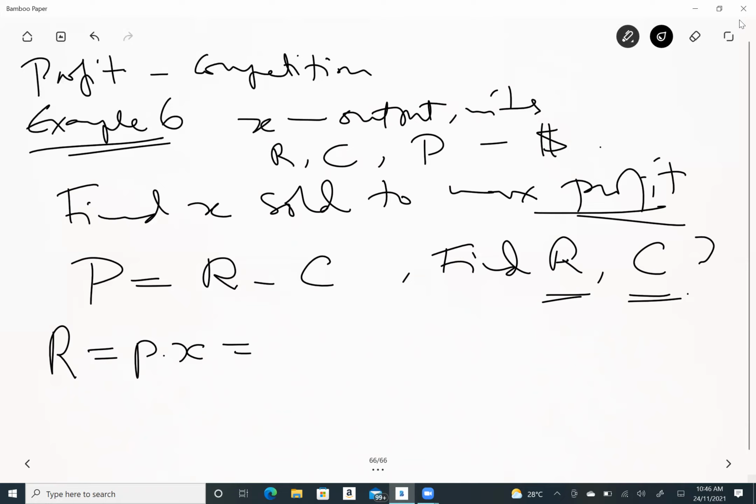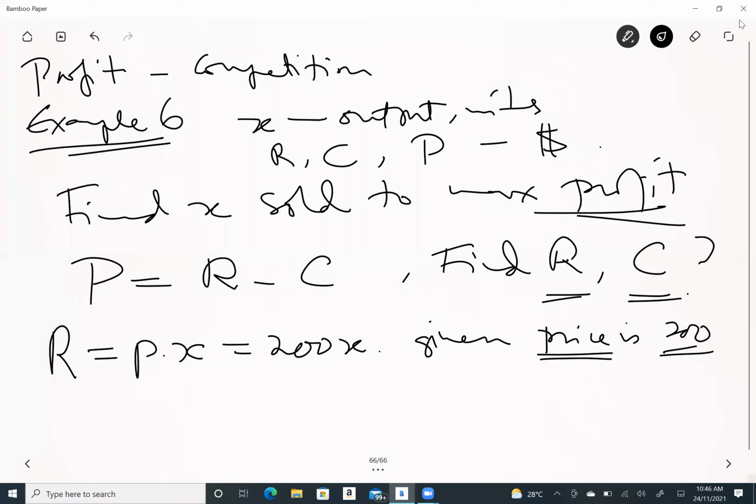Quick, what is the revenue? 200X, because the price is given as 200. You have to argue, don't just put 200. Why do you get 200? Because the price is 200.